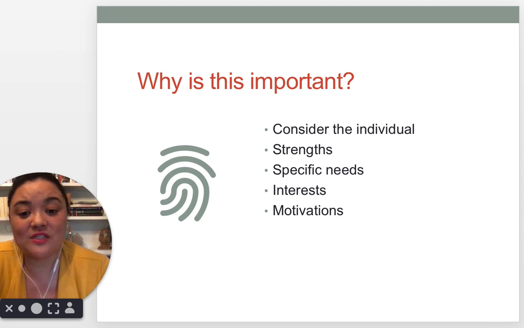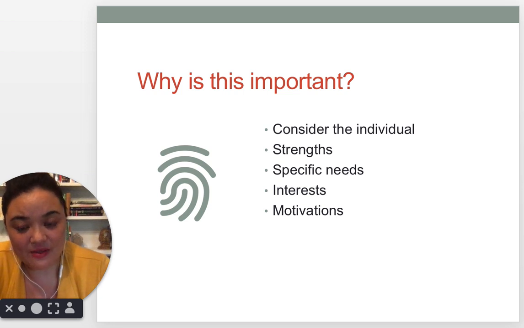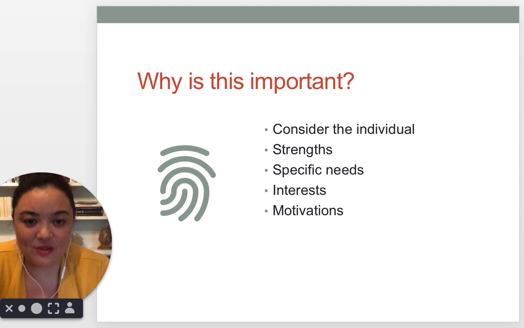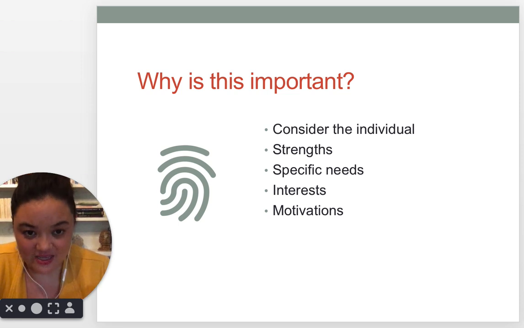It will provide us with some helpful hints about where to look for strengths, as well as identify potential areas of need. But each individual is going to need to be considered independently in order for us to maximize our instruction for that individual. Now, your textbook covered some of the considerations when planning interventions for students with autism, and we will continue to discuss this throughout the semester, right?